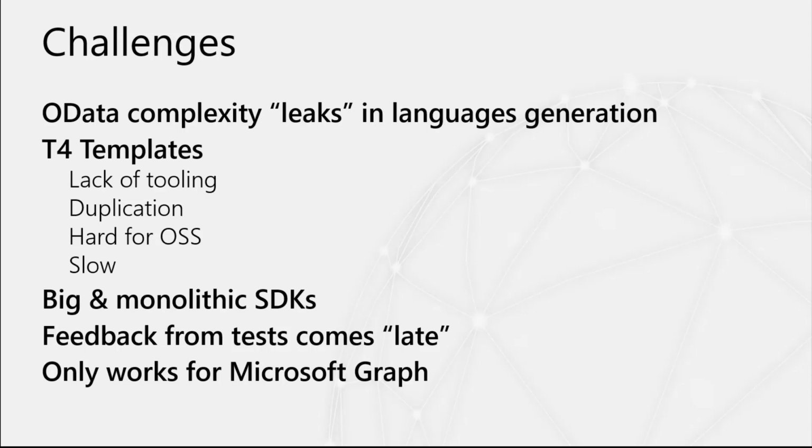And another challenge, and feedback that we've heard from the community, from you guys, is that having an SDK is great, but our SDKs, because Microsoft Graph is getting larger and larger, are getting big and monolithic.